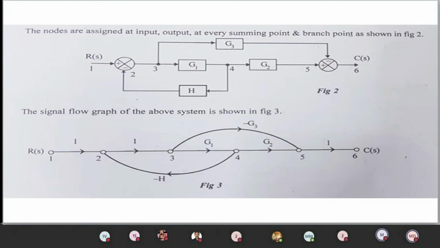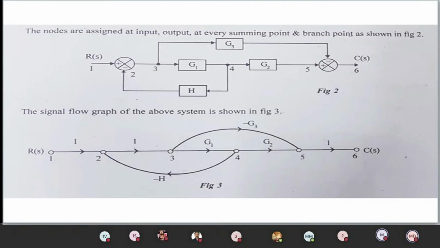Each component has a response like G, H. Unity response should be substituted by writing 1. So the first step is to convert the input, summing point, branch point, output into nodes. Branch point and node carry the same meaning, so don't get confused.